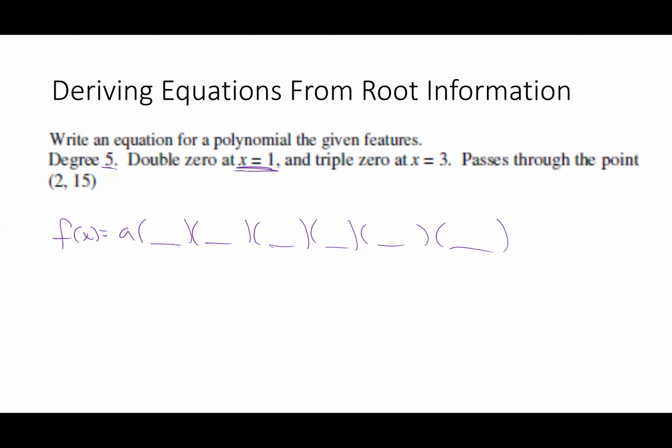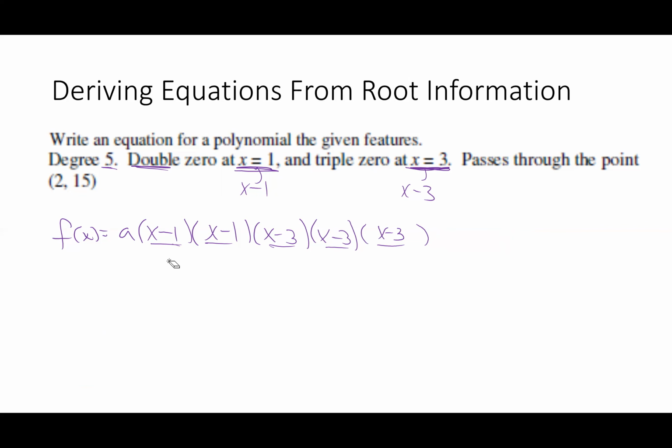So I've got a double 0 at x equals 1, which means I've got a factor of x minus 1. Since it's a double 0, I can put x minus 1 in here twice. And a triple 0 at x equals 3. So that means I've got the factor x minus 3. Since it's a triple 0, oh man, I just realized I can't count. So I should have had 5 factors listed there. That was dumb.